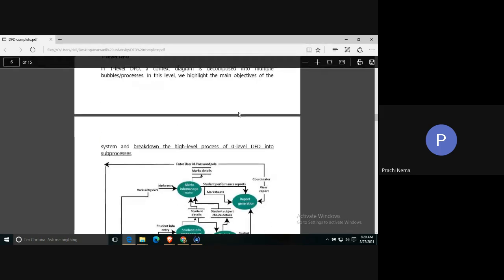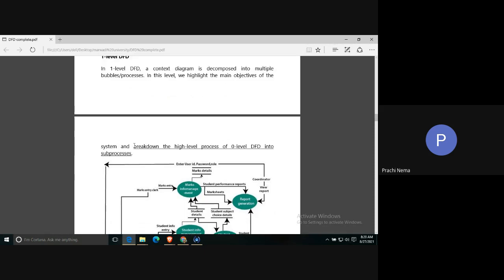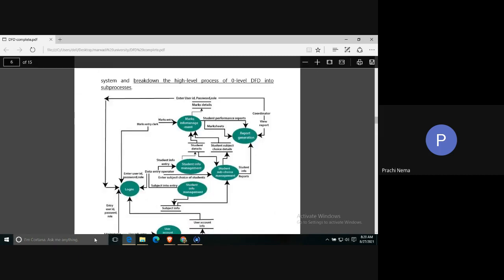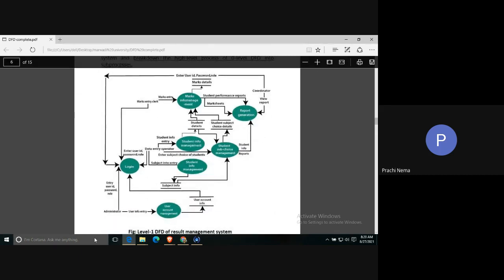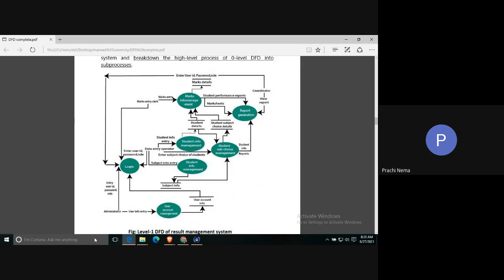The definition would be breaking the higher level process of zero level DFD into sub-processes. See what they have done. They have just broken down that student management process into multiple sub-processes. All these circles are sub-processes for that main process of level 0.